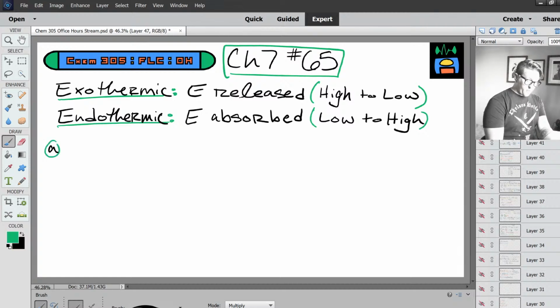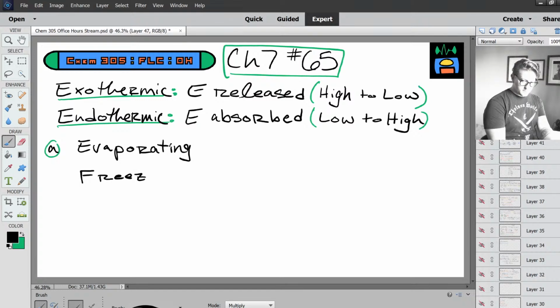So for part A, they say evaporating and freezing. All right, so evaporating is moving from, let's see, if we're evaporating, we're going from liquid to gas.